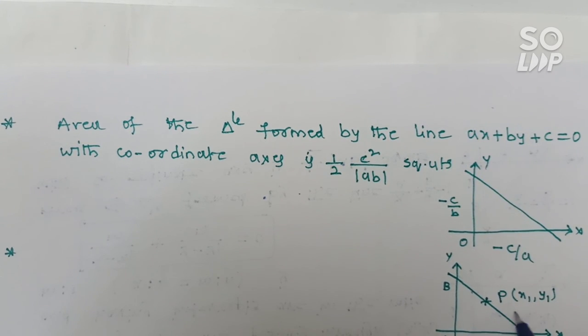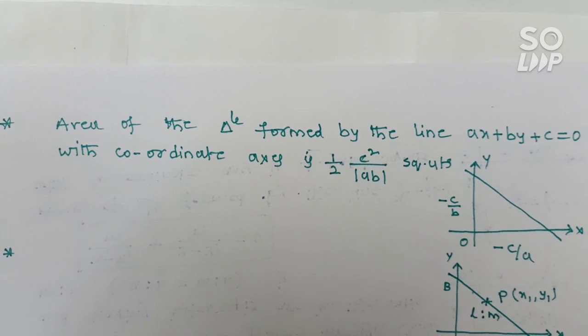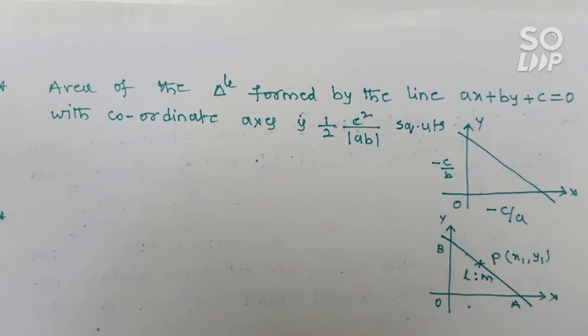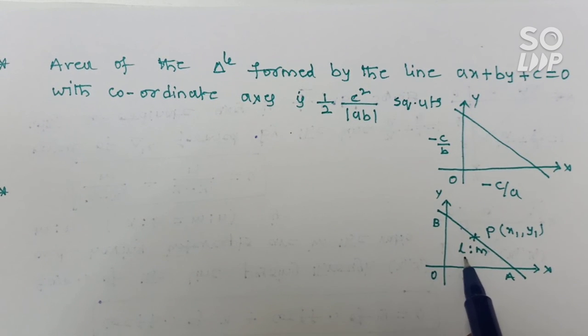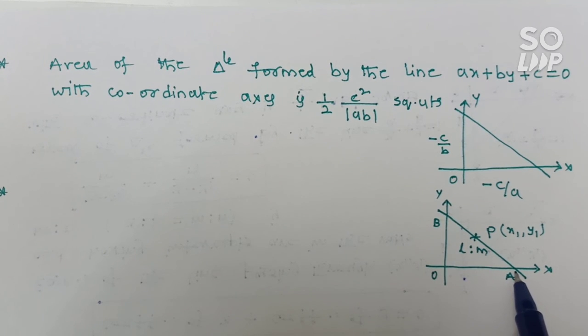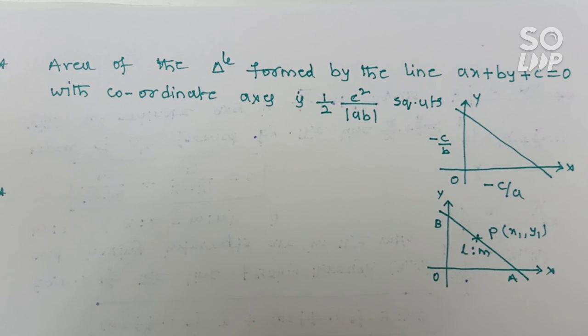Now this point divides the line segment AB in the ratio L is to M. Then what is the equation of the line segment AB?